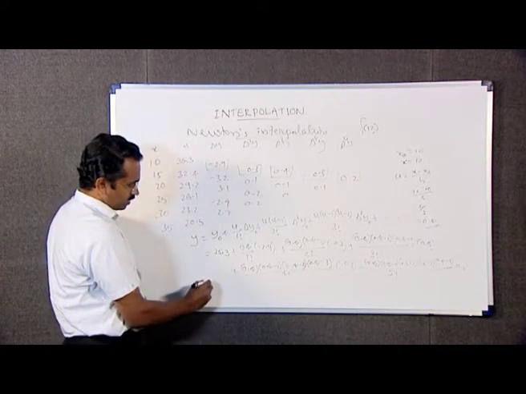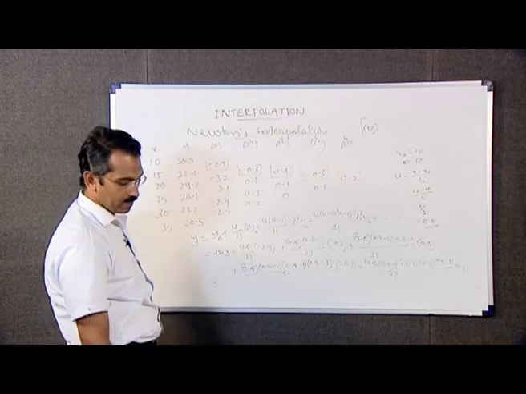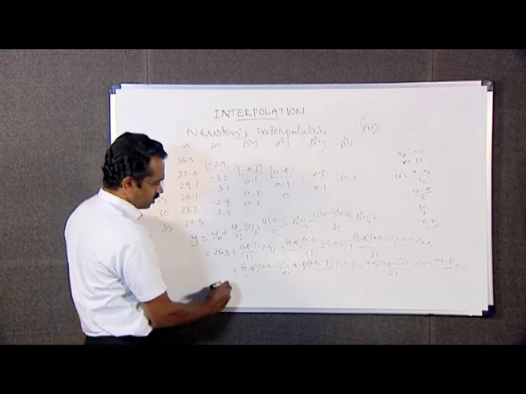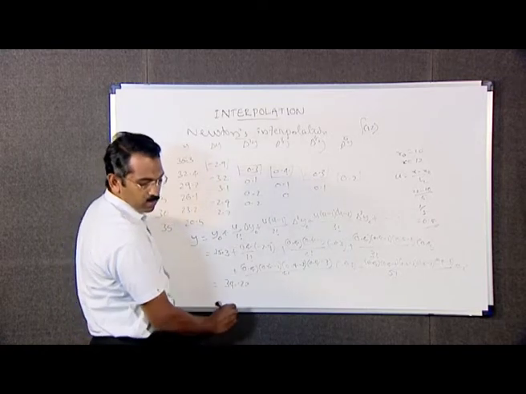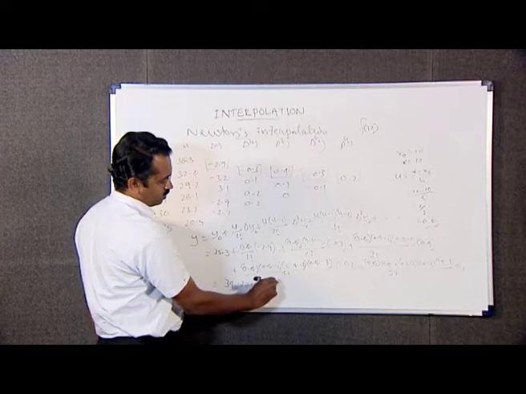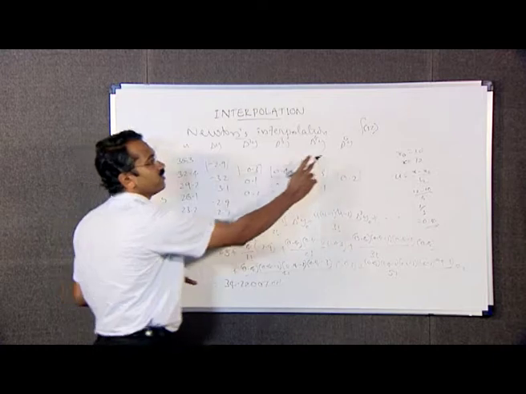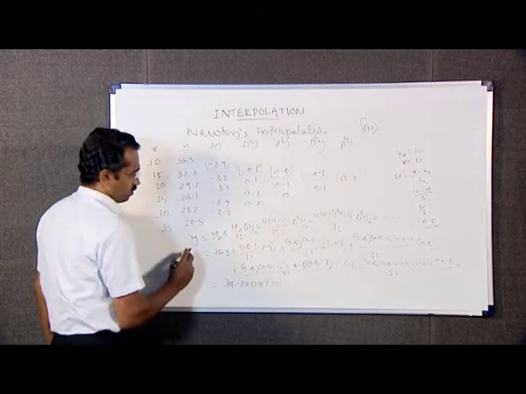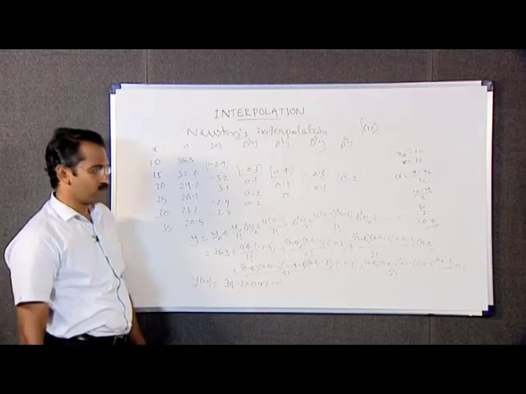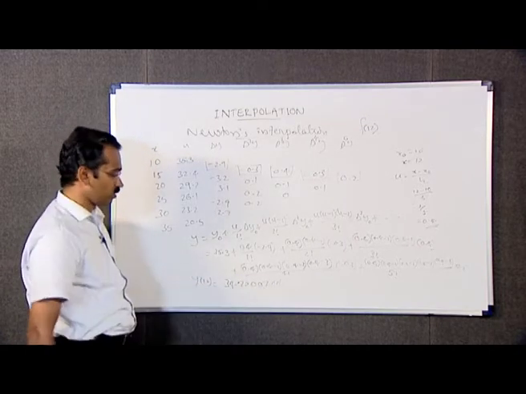On simplification, we get the value of y as 34.2200704. This is the value of y at 12. Y of 12 means f of 12, which is equal to 34.2200704.